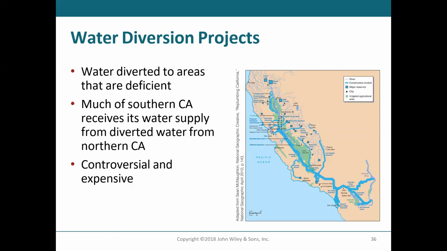Another water management issue or water management plan is water diversion. Similar to Mono Lake in California, water is diverted into different areas for long distances through a system of aqueducts. This is considered controversial and expensive because we are basically playing God with our water sources.